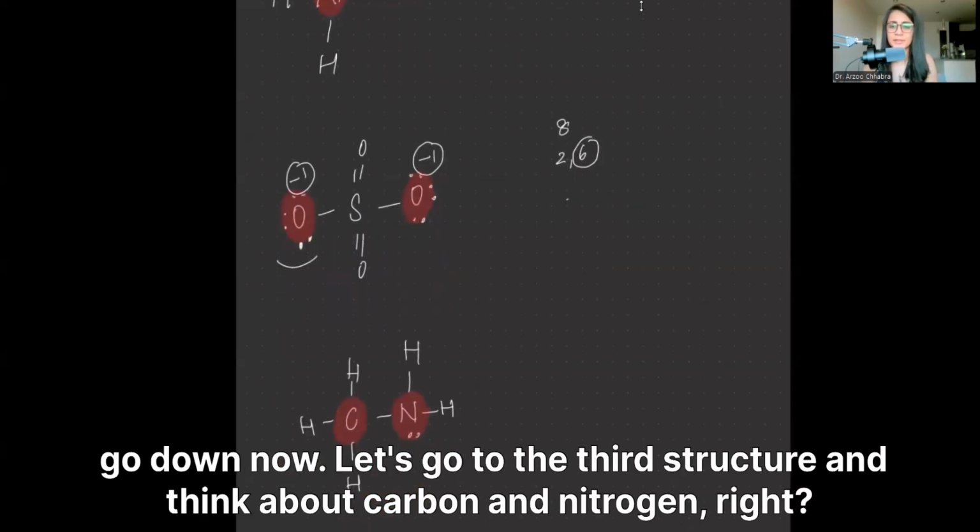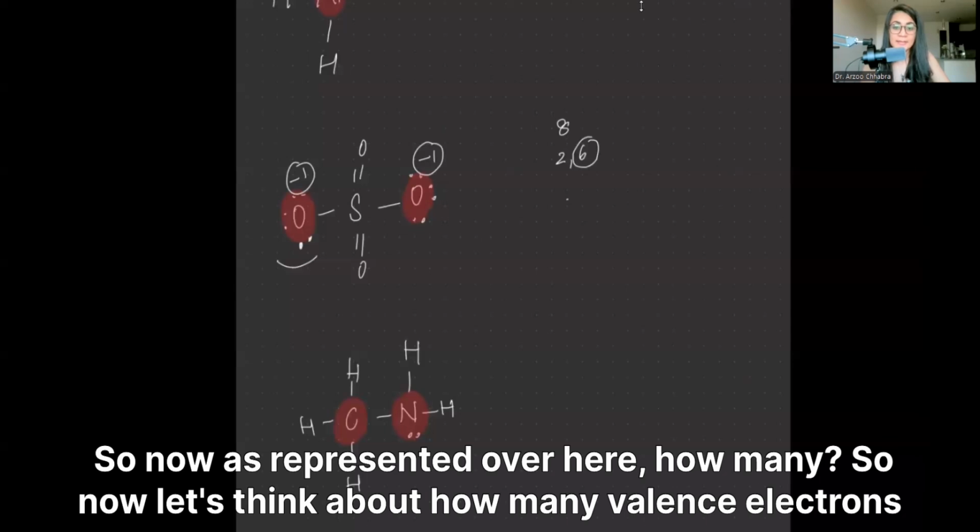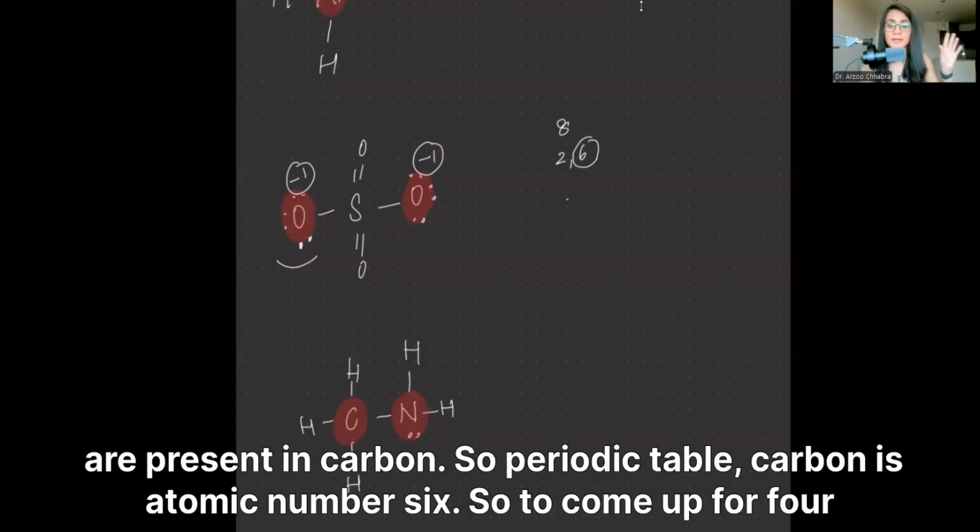Let's go to the third structure and think about carbon and nitrogen. Let's think about how many valence electrons are present in carbon. In the periodic table, carbon is atomic number 6, so 2, 4: 4 valence electrons.